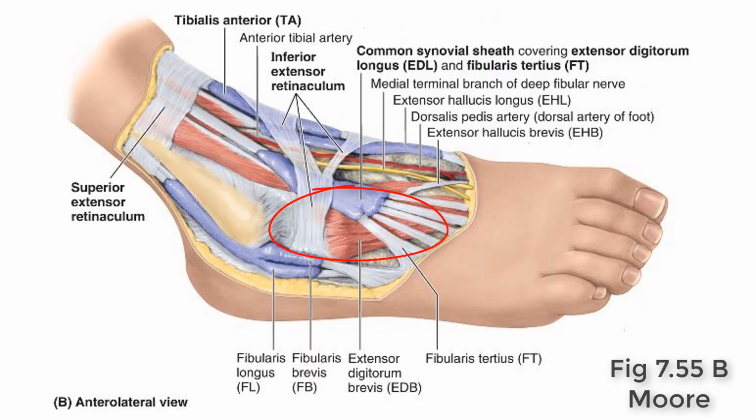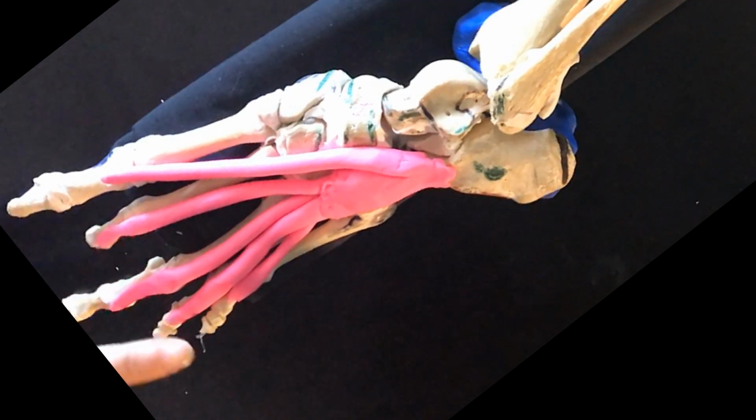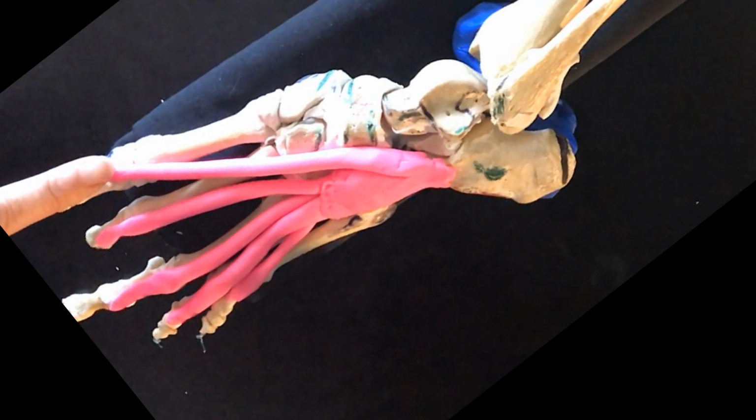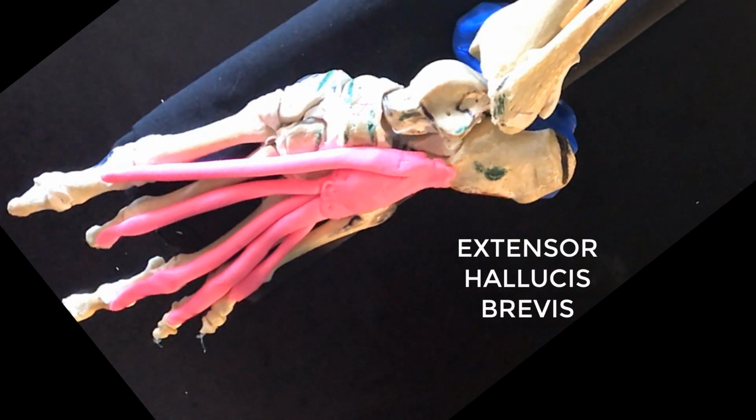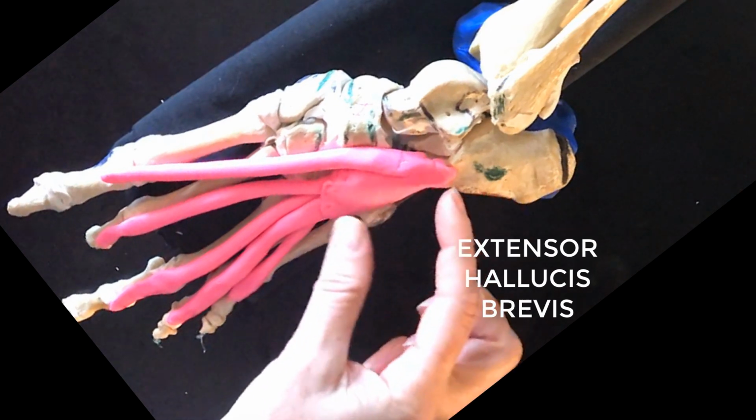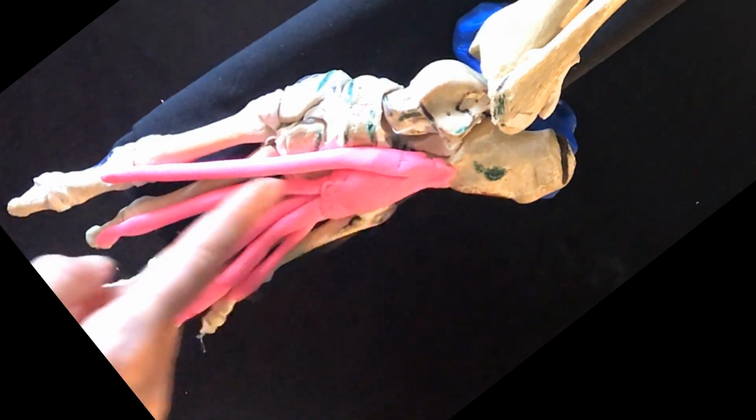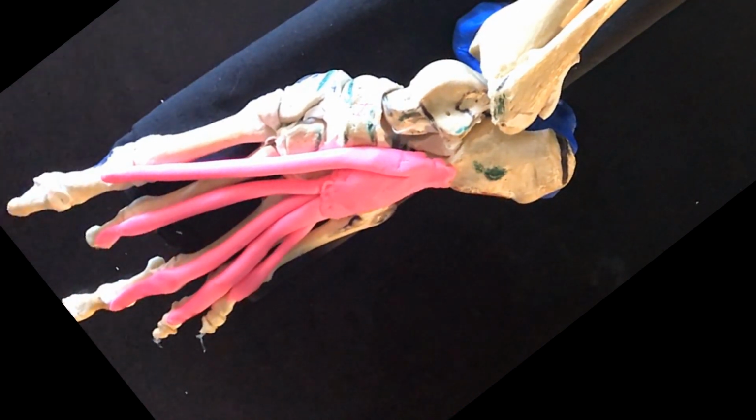The tendon that looks like it's part of it is actually not, because there's no 5 tendons in a digitorum. So this is the extensor hallucis brevis, and it has its origin off the extensor digitorum brevis, and its distal insertion is into the great toe, and specifically around the MTP joint level.